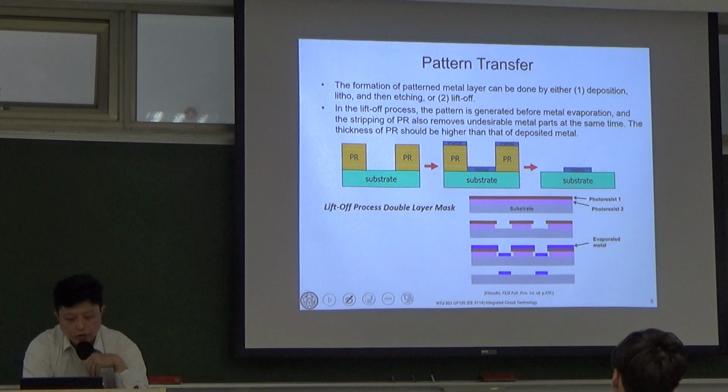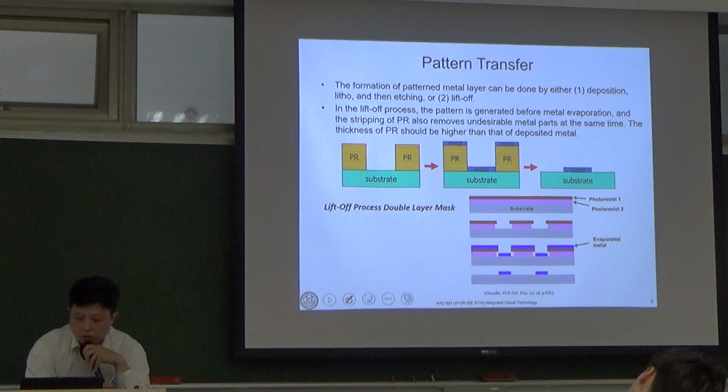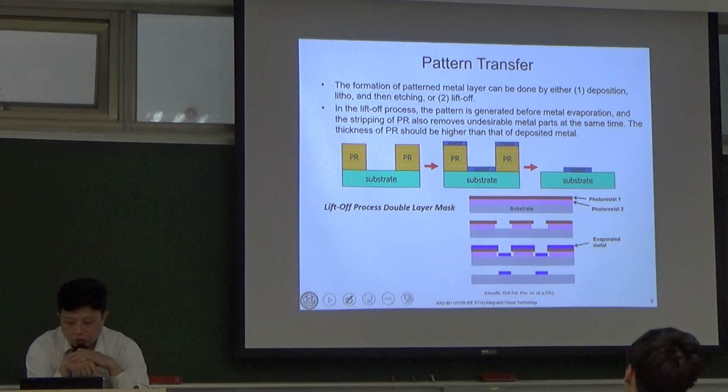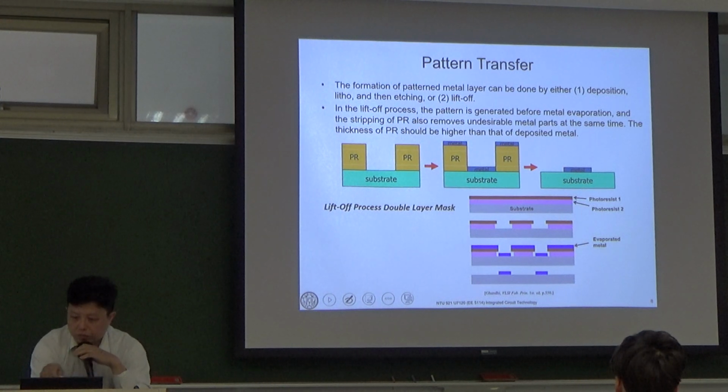Okay, so once we have your photoresist on your surface, then we can do following processes, like deposition, etching, or lift-off.